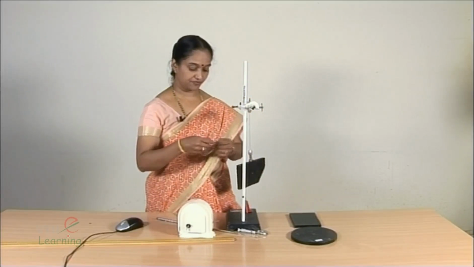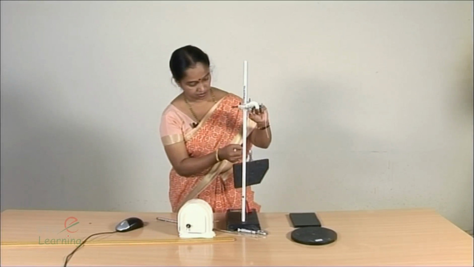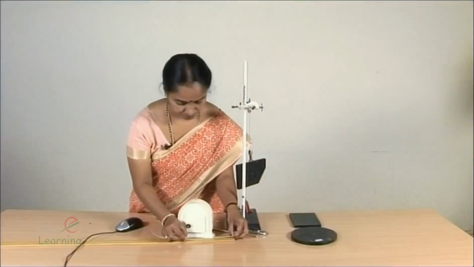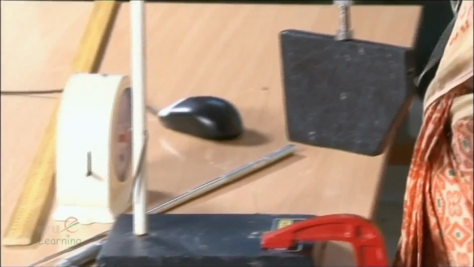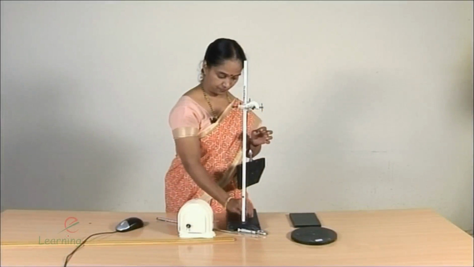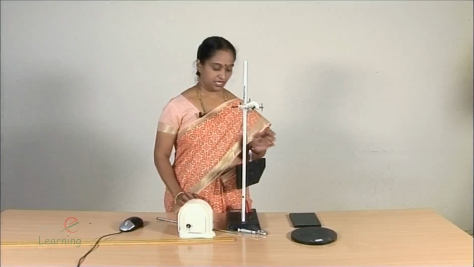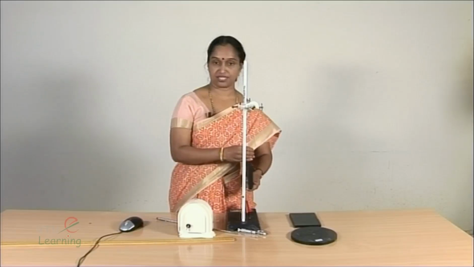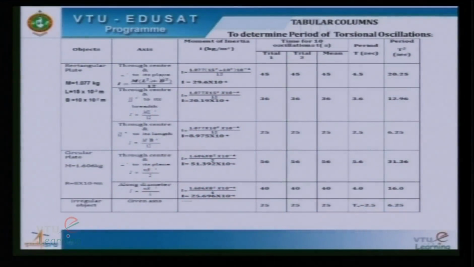Now, the length of the wire used in the experimental setup is noted, and it is 15.5 centimeter in this case. All the readings corresponding to 10 oscillations are tabulated in the tabular column.